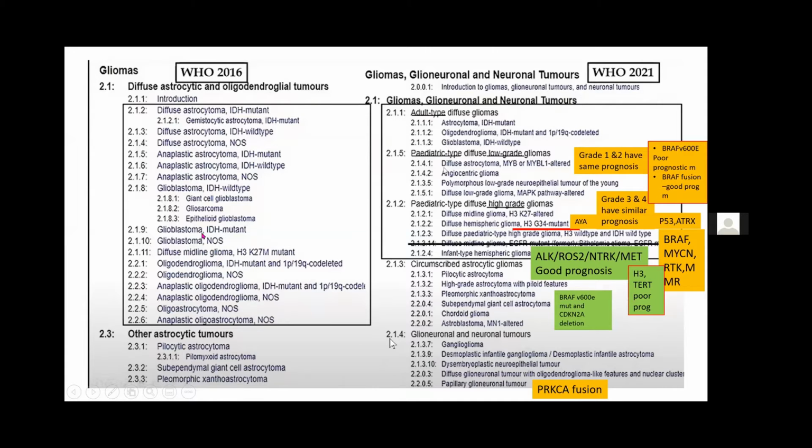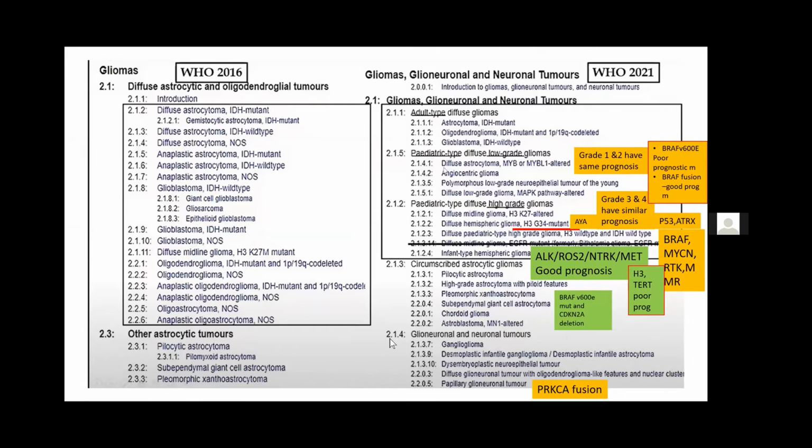The other change that has occurred is that we classify the tumors into adult and pediatric diffuse types, and then you have the circumscribed astrocytic gliomas. The reason we've made this difference is because it makes it easy for us to come to a diagnosis. A lot of these tumors have overlapping histopathological features, but they have very different prognosis and behavior.